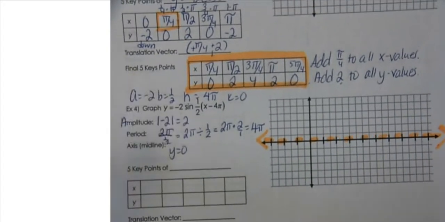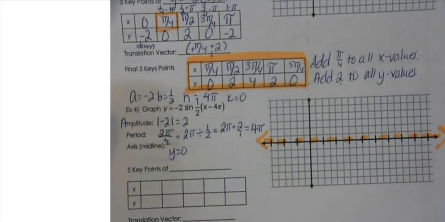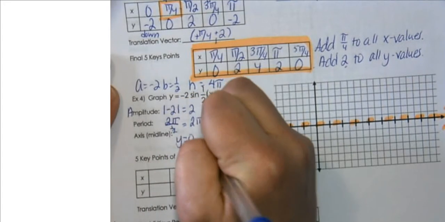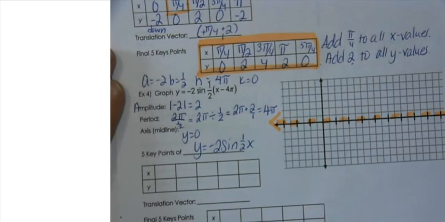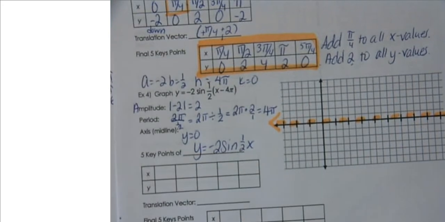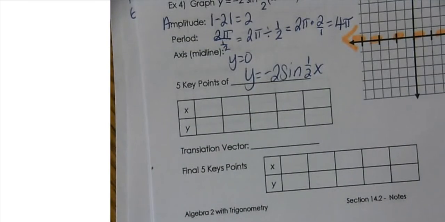Now, I'm going to identify the 5 key points of y is equal to -2 times the sine of 1/2 x. Notice that I write this equation without h and k. Then I need to come up with my table of values, and they are going to be based on the original starting point of sine, which always starts at 0, 0.